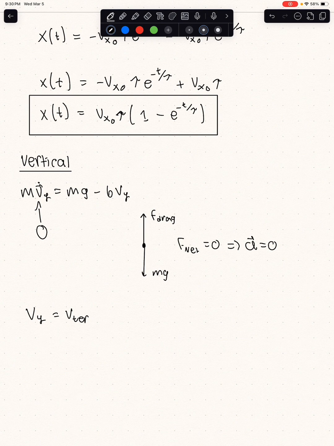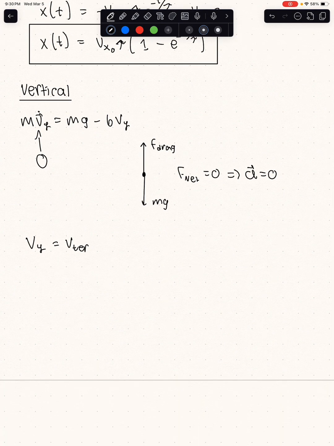So if we want to find when our object is at terminal velocity, we set this equal to 0, so we'd have 0 equal to mg minus b vy, and we want to solve for the velocity in the y direction. So if we add over our negative term, mg, divide by b, that means vy is equal to mg over b. That is when we are at terminal velocity.